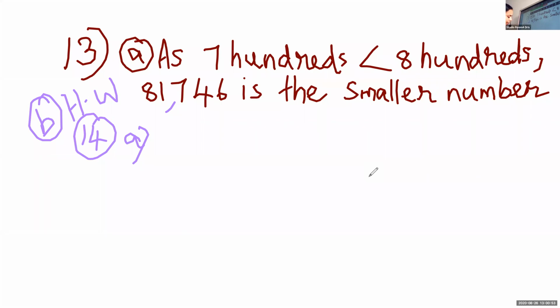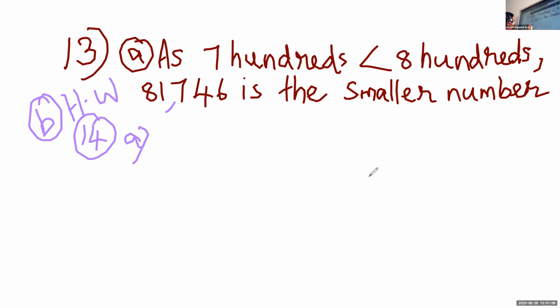So which place will you go again? 100. So what are the numbers in 100 place? 8 and 5. Very good. So children, what do you have to write?